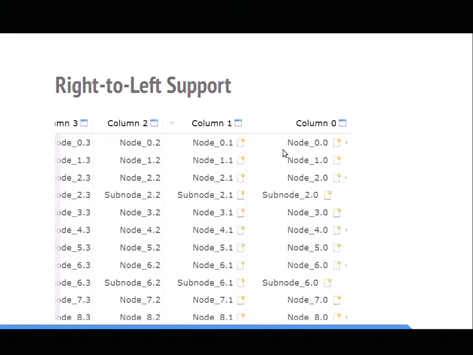It's not only that the text goes from right to left, but also widgets are completely mirrored. For example, this grid widget, the collapse and expand icons are on the right side now. And if you see a combo box, then the drop-down button is on the left and all these things. So we had to touch every single widget. That was a lot of work. That was also sponsored by a customer.